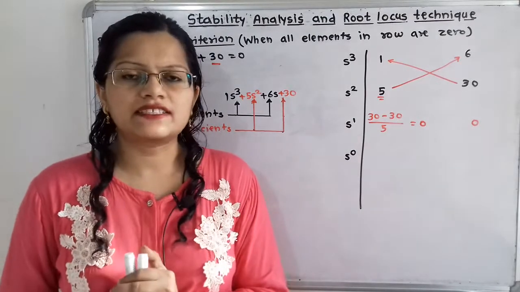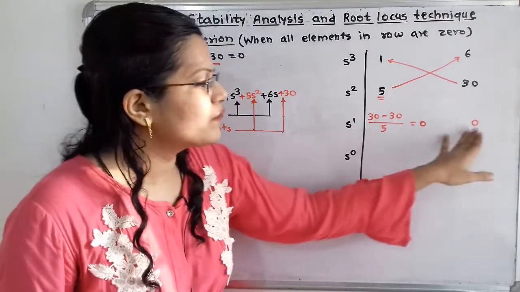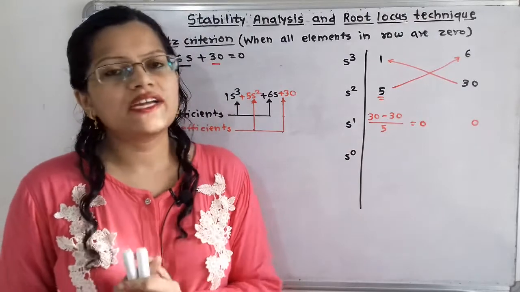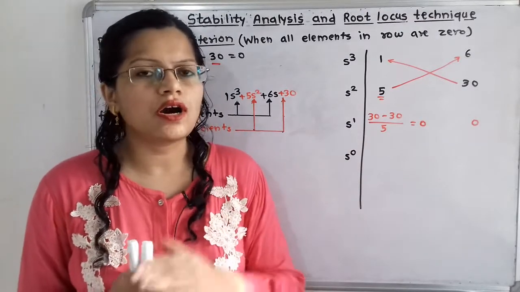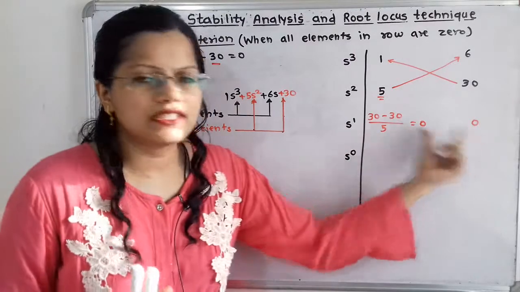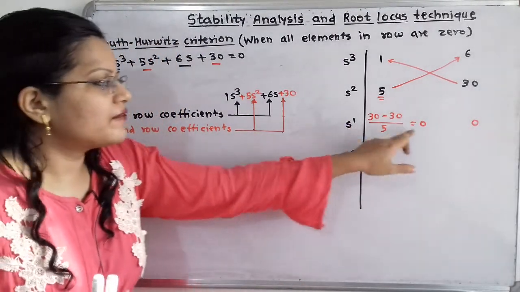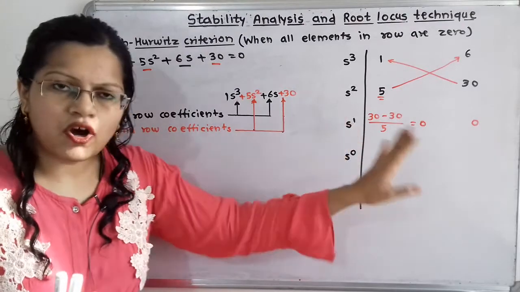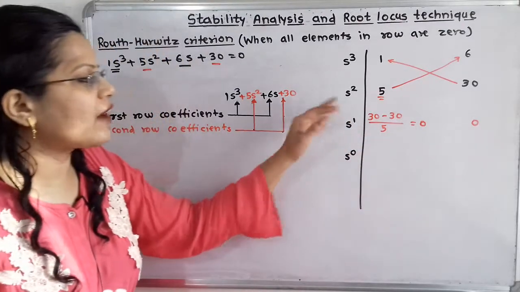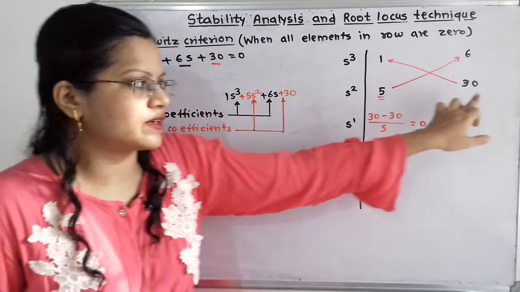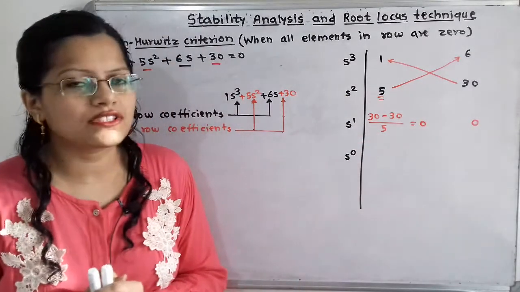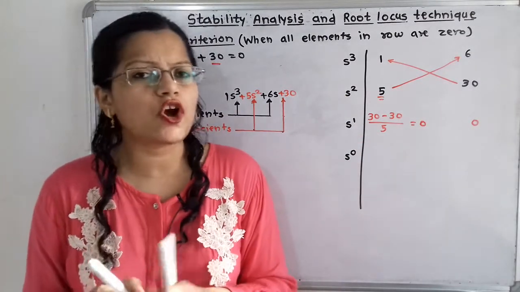So what is the next step? When all the elements in one row are 0, we have to consider the row above the row in which all the elements are 0. So where is that row? When the row in front of S raised to 1 has all elements 0, we have to consider the row for S square and form the auxiliary equation. So how to form the auxiliary equation?